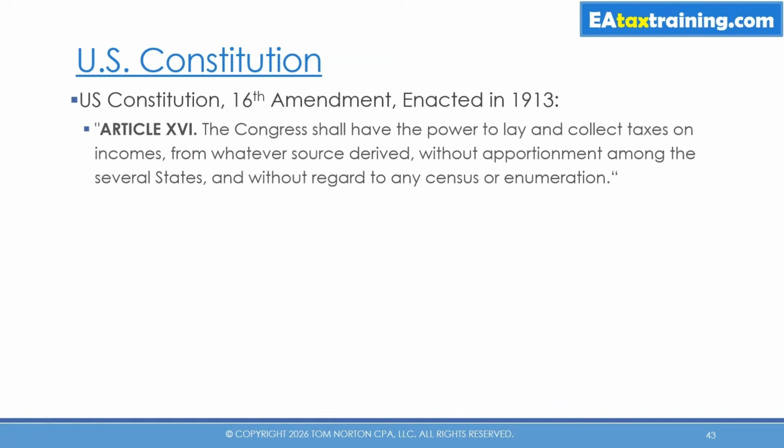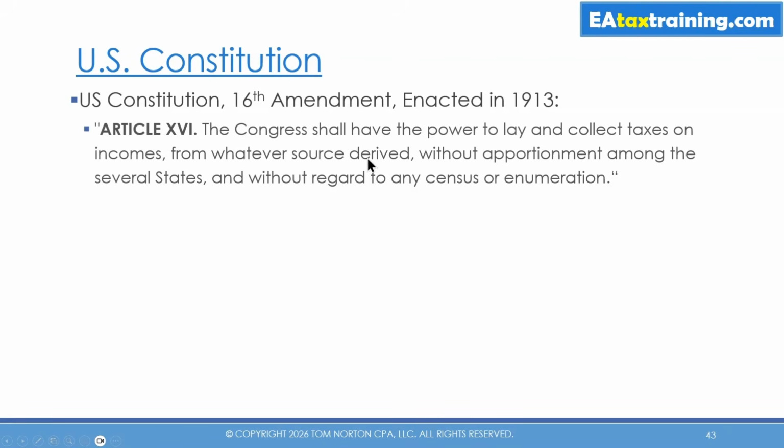So let's start with the Constitution itself. We saw this back in part 1, but we'll look at it again. The 16th Amendment to the Constitution was enacted in 1913, and it says: the Congress shall have the power to lay and collect taxes on incomes from whatever source derived, without apportionment among the several states, and without regard to any census or enumeration.